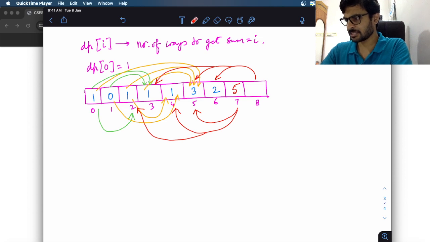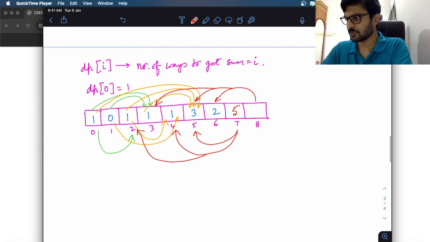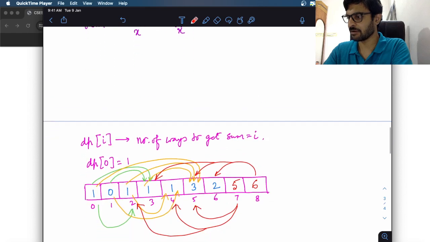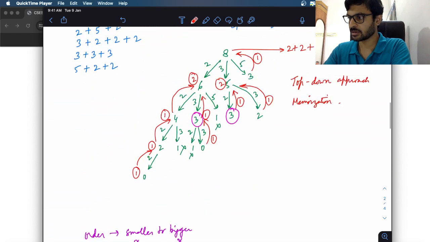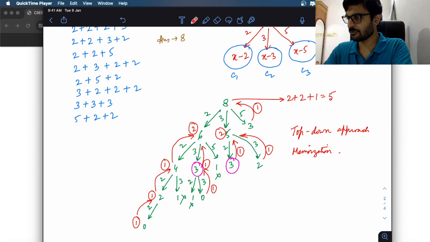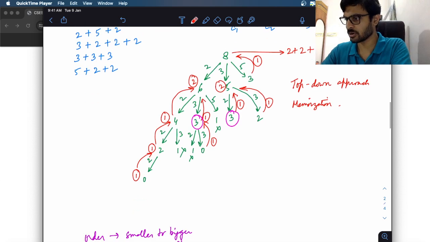This actually gives us 6. So we actually get 6. How much did we get above? We are getting here 2, 3. Yeah, we got 5 over here. Maybe we did something wrong.